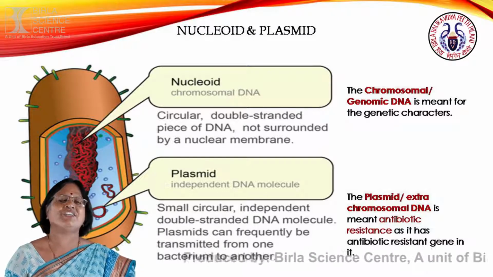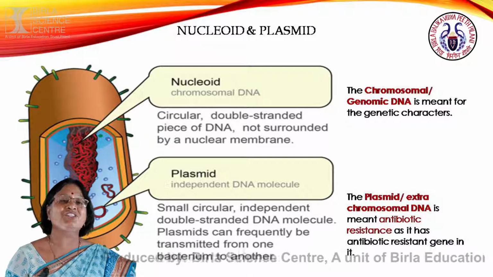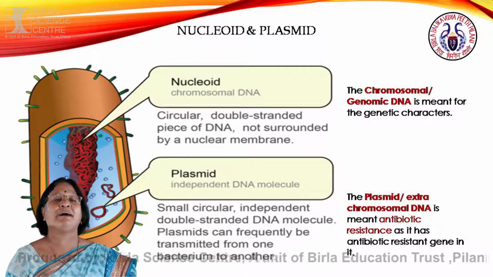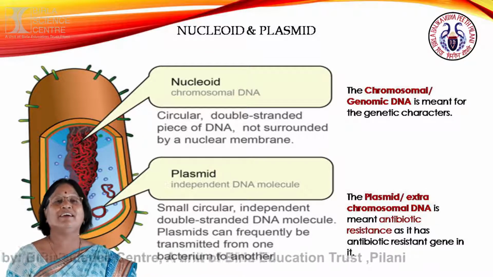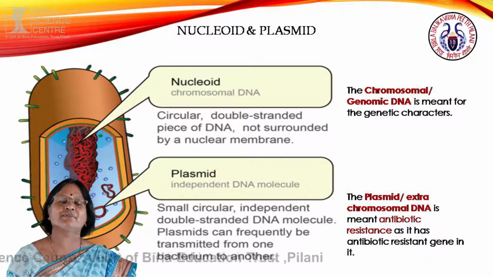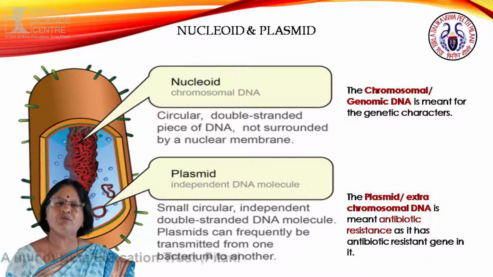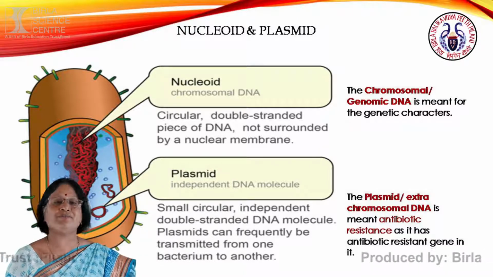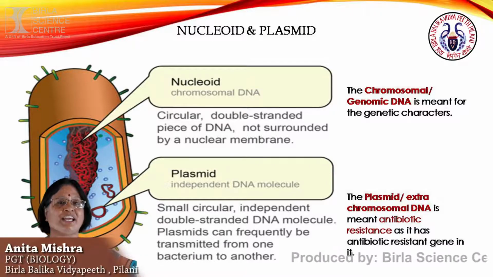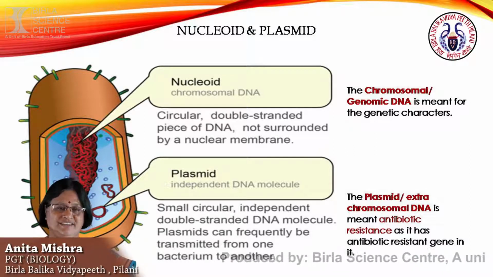Its function is that it has genes to provide antibiotic resistance to bacteria. That's why you would have heard that certain bacteria become resistant to antibiotics, and it is very difficult to fight diseases caused by drug-resistant bacteria.